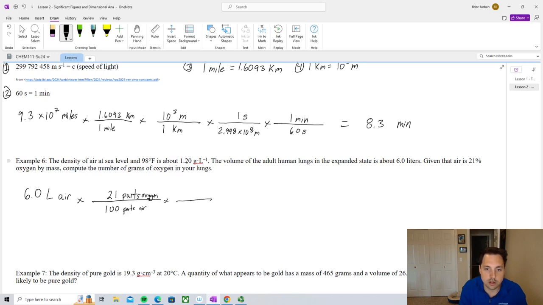So we'll start again by figuring out what part we want to put on the denominator. Well, we haven't canceled out liters yet, so we have to put 1 liter on the bottom. When we read this here, we should think 1.20 grams equals 1 liter. Because it's the same thing as saying 1.20 grams per 1 liter.